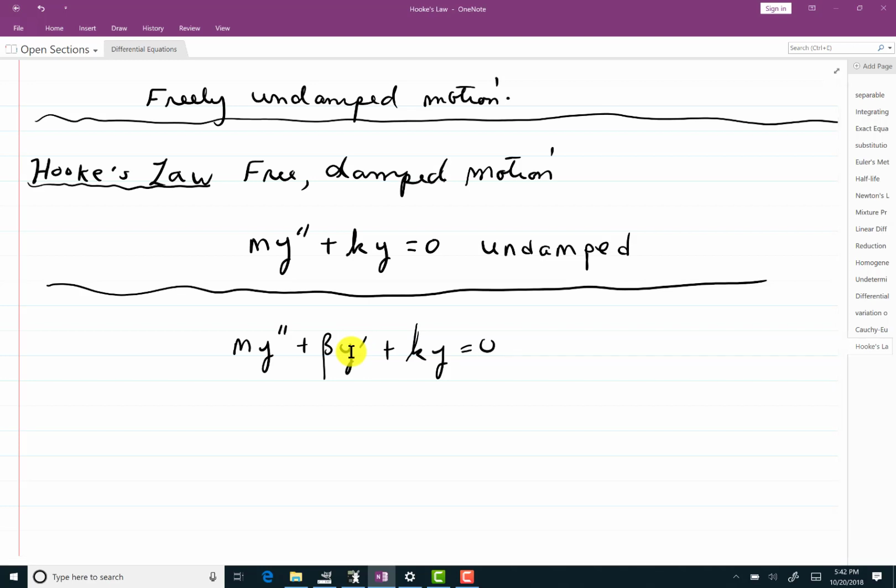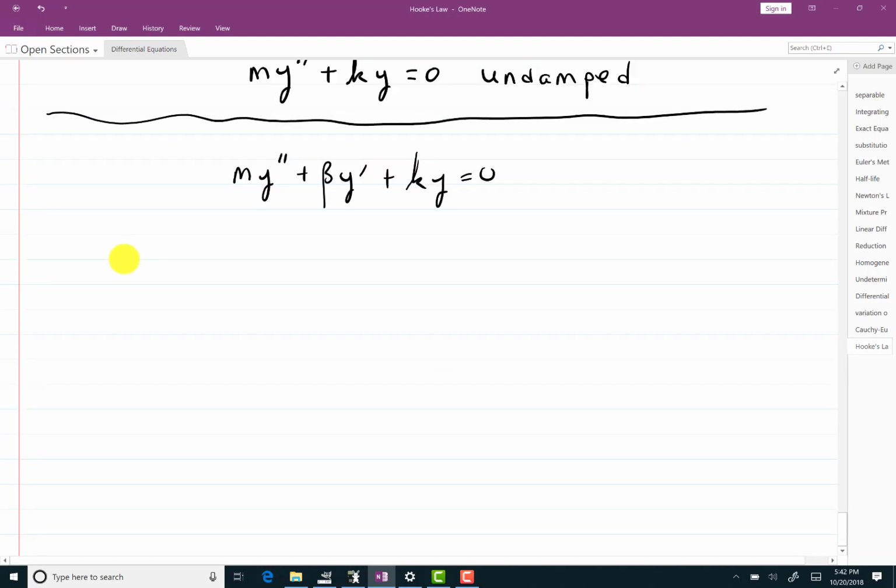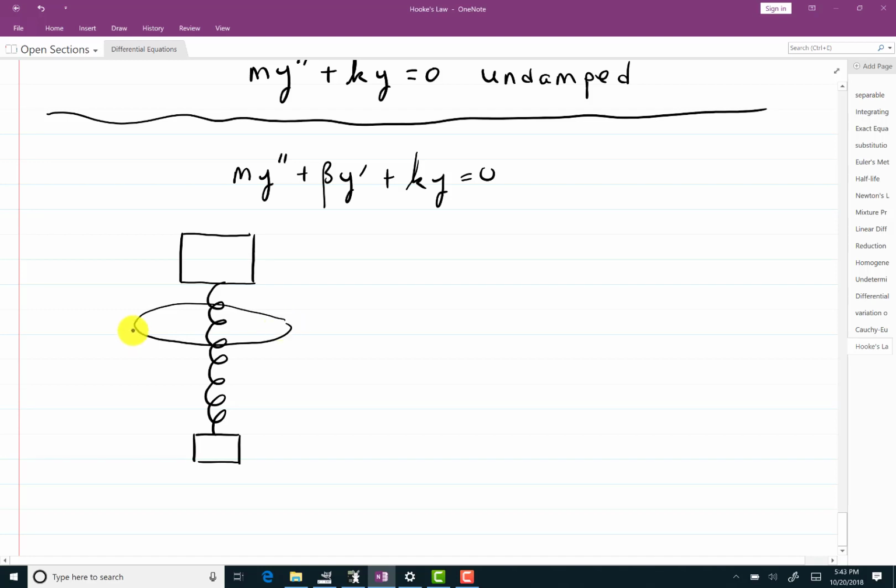So in this situation, once again, we have our weight. But this time it's possible that the weight is submerged in some sort of liquid.